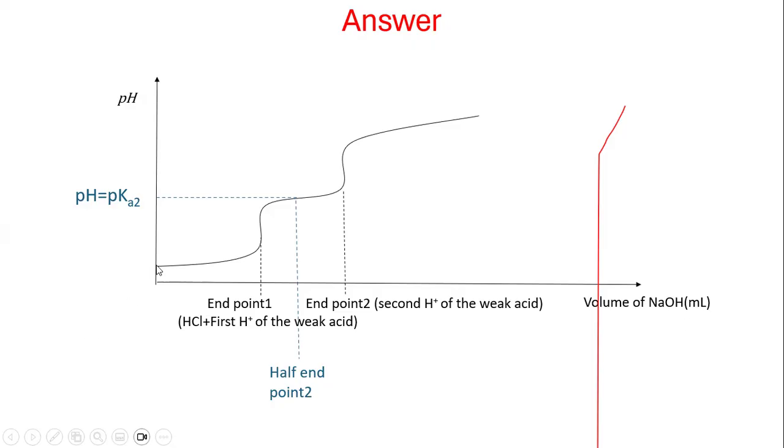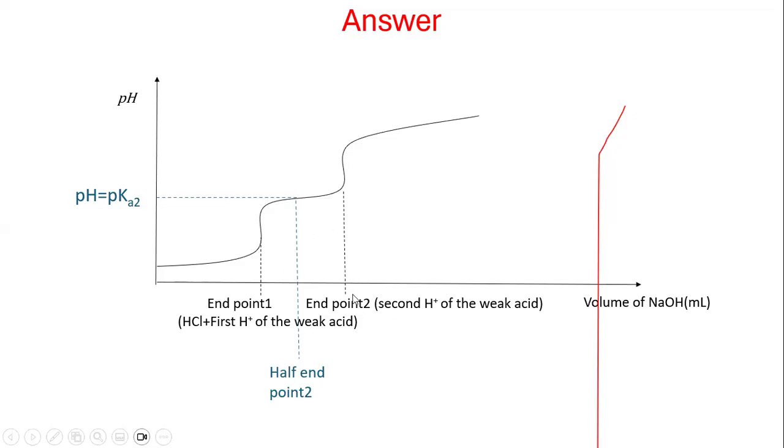Then beginning, low pH or high pH. Then shape, 1 step, 2 step. Then the labeling, right? Endpoints. If there is one endpoint, just endpoint is okay. But then even if there is one endpoint, half endpoint is in.